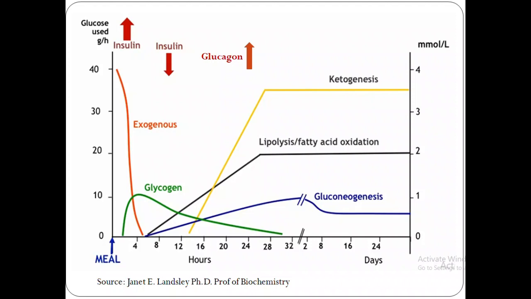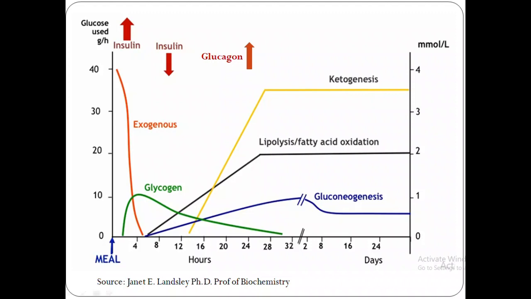We first maintain our blood glucose level from the carbohydrate in that meal, that is the exogenous carbohydrate. Blood glucose rises, that causes an increase in blood insulin, and we utilize the blood glucose within 3 to 4 hours.